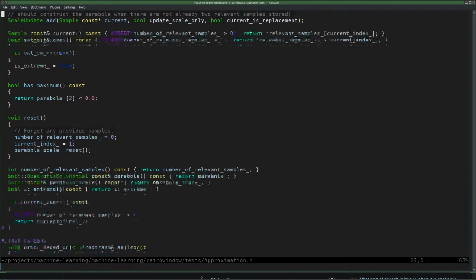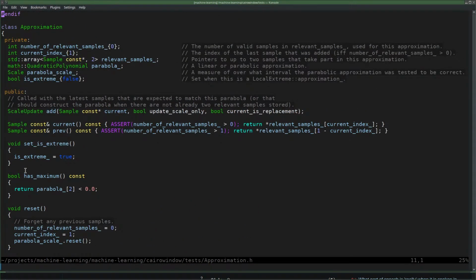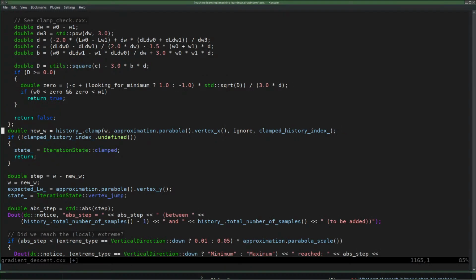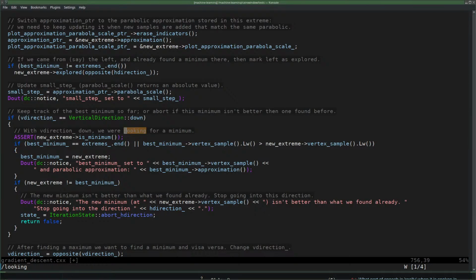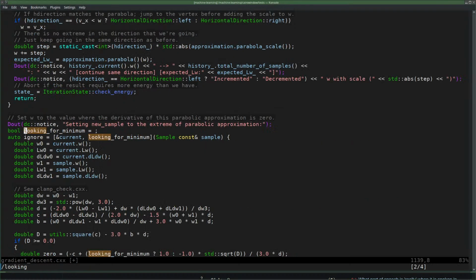There's maximum here. It's just the 2 approximation itself. I'll make it a maximum.